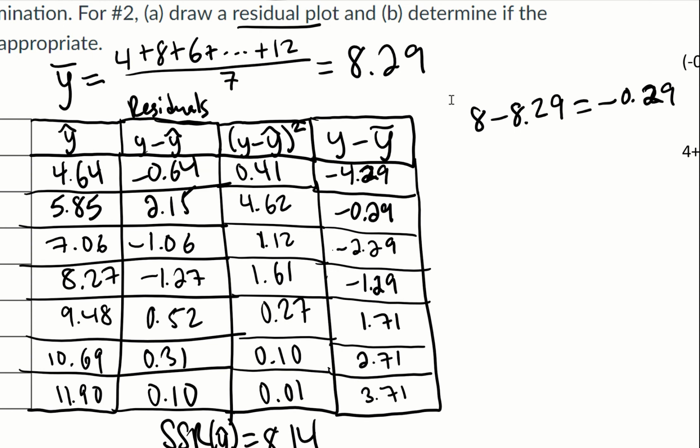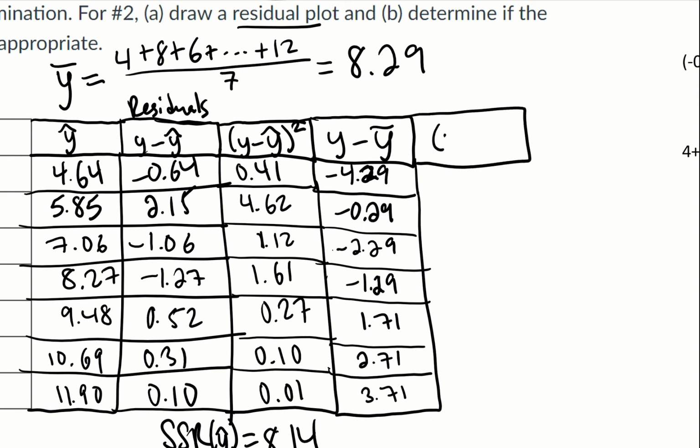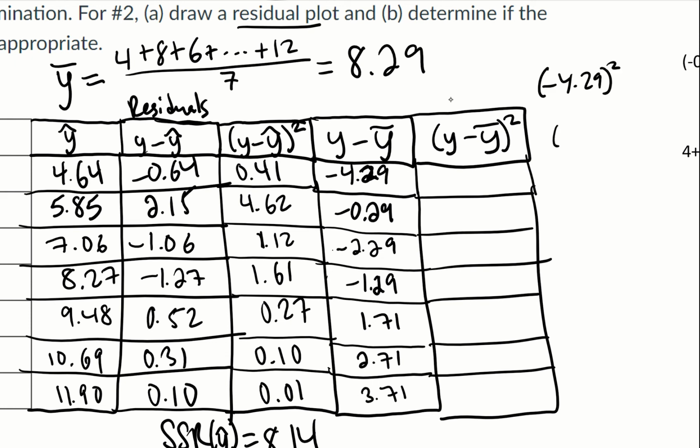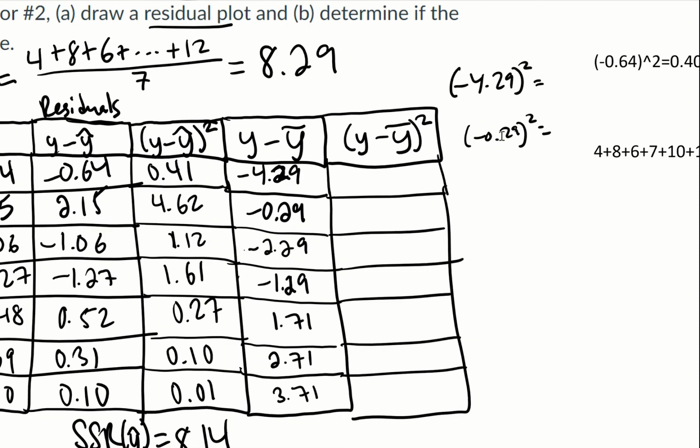All right, I went ahead and did the y minus y bar. Now the next thing we're going to do is square these numbers, y minus y bar squared. So we do the first number, negative 4.29, and square it. Then we do the next number, negative 0.29, and square it. And that's how we get those values.